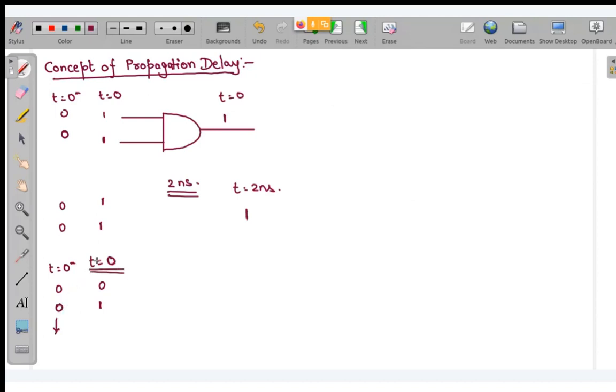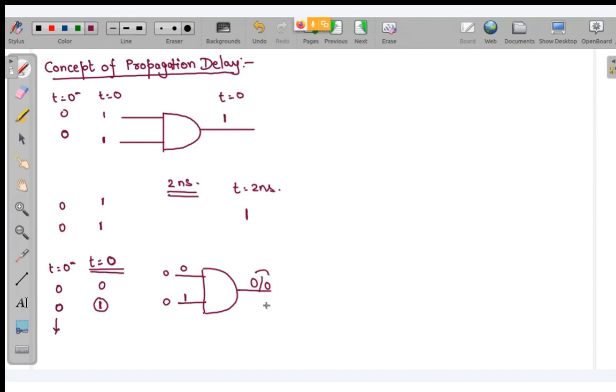At 0th second, there has been a transition in the second input, from 0 to 1. Previously it was 0 0, now it is 0 1, but my output is not changing. This is a practical AND gate, and my output is still 0.